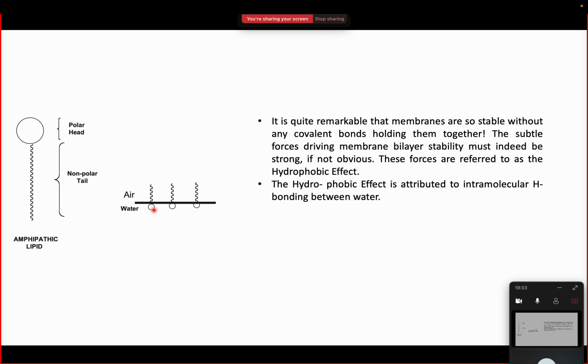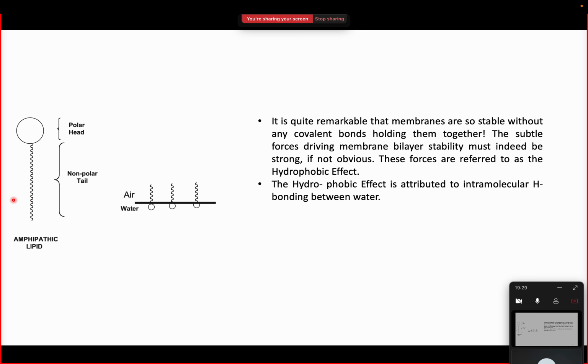correct? So these opposing forces: if you can see, this polar head group is smaller in comparison to the hydrocarbon chain, right? So in this molecule, will the major effect be imparted by the polar head or the non-polar tail?